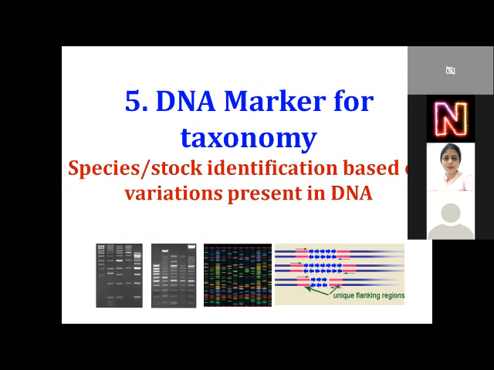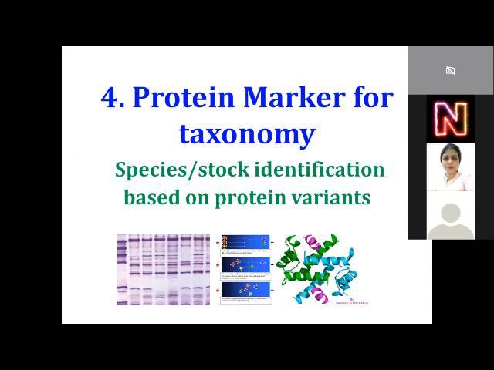Then the DNA marker, which is basically a method or tool to identify the species or a stock based on the variation present in the individual's DNA. So today we will take the protein marker.